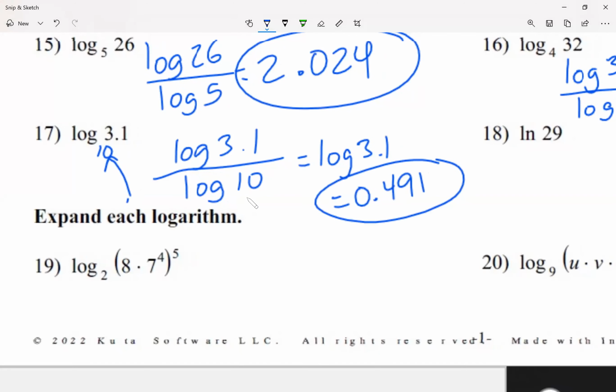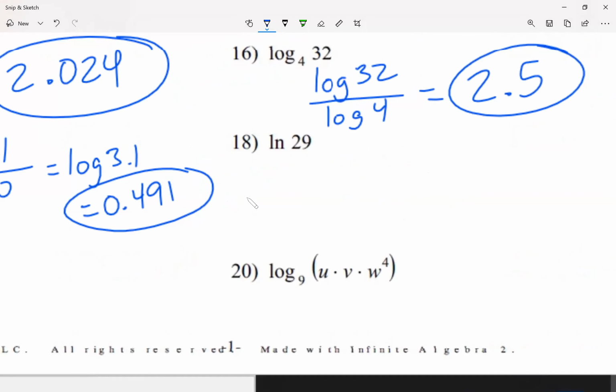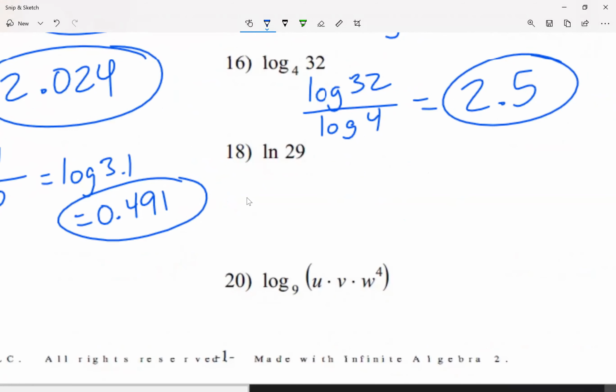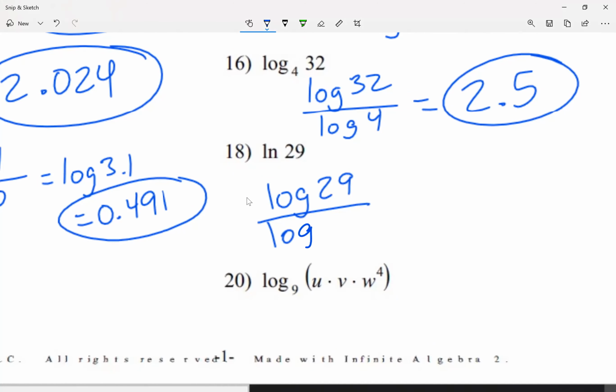And lastly, let's take a look at question number 18. This one is ln, so natural log. For this one, the base is e. There's a number e, which is about 2.7. We can type in log of 29 divided by log of e.